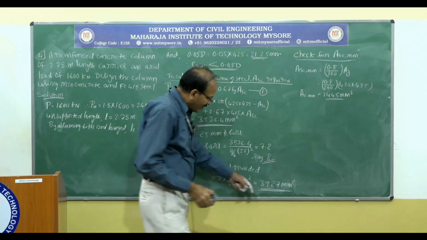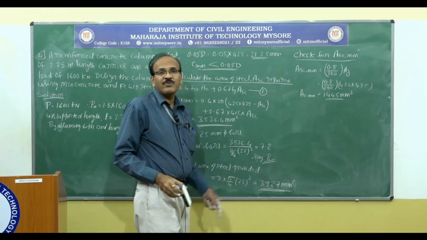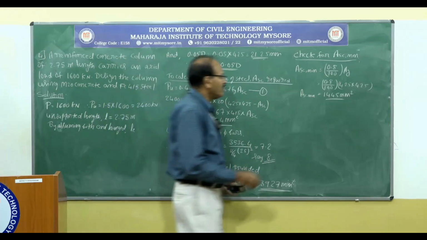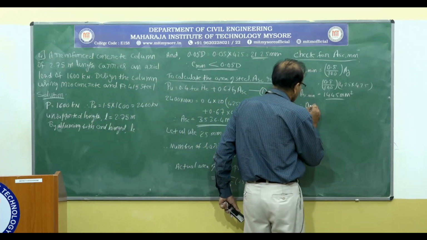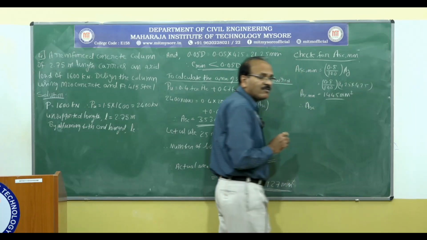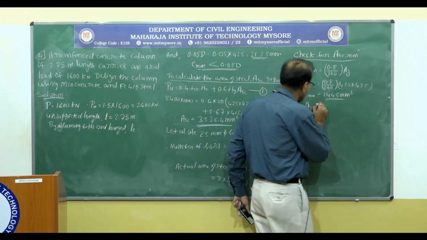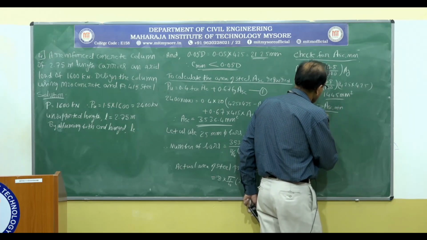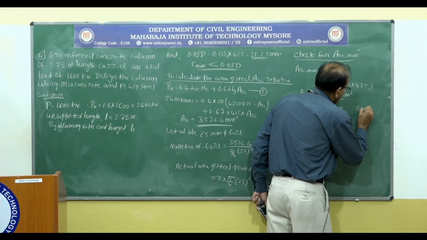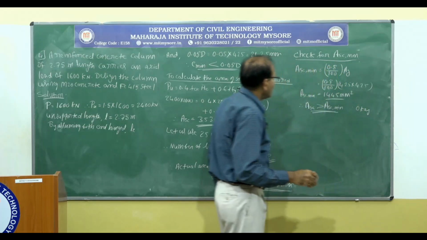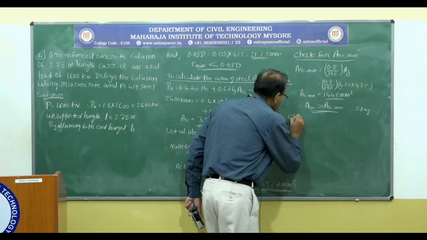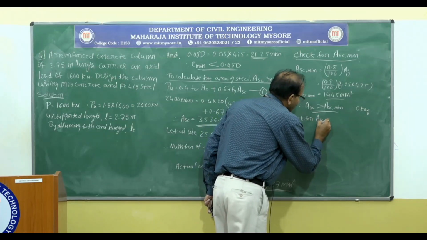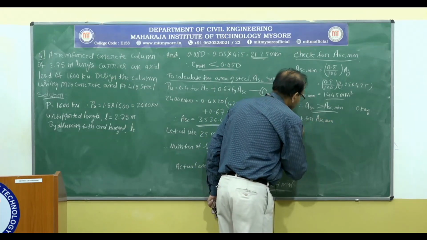What is the area we are providing? 3927. Therefore, ASC, that is the actual area of compression steel provided, is greater than ASC minimum. Therefore, okay. Next, check for ASC maximum.